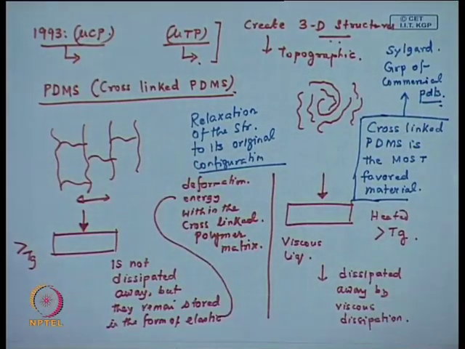Sylgard is extensively used for fabricating stamps, soft lithographic stamps, or in many cases creation of patterns itself, and comes from Dow Corning USA.